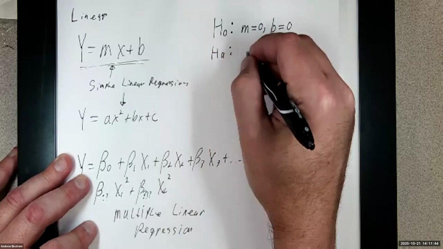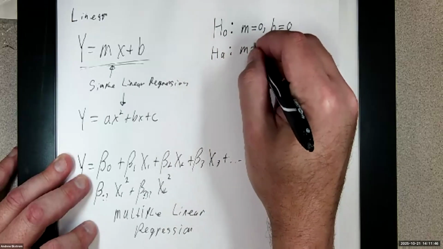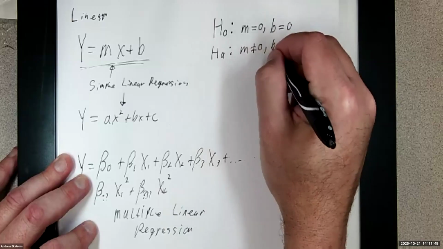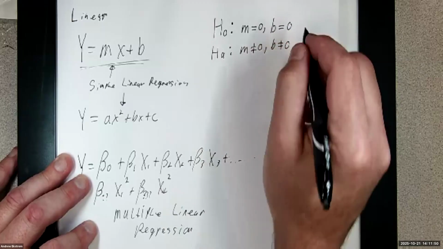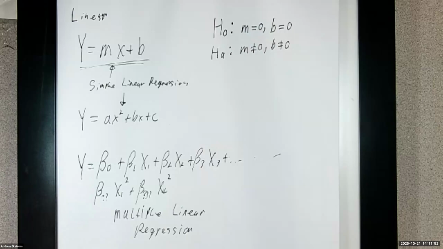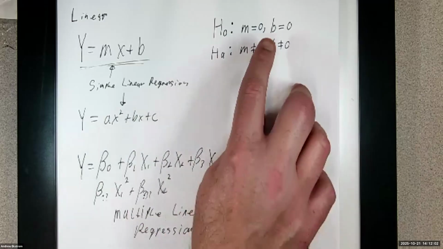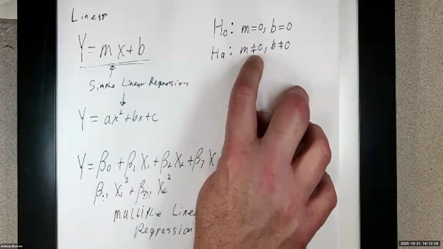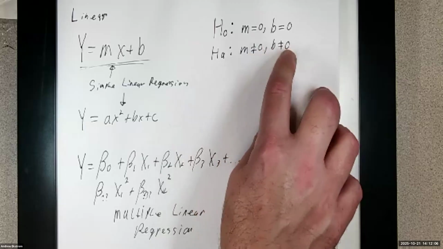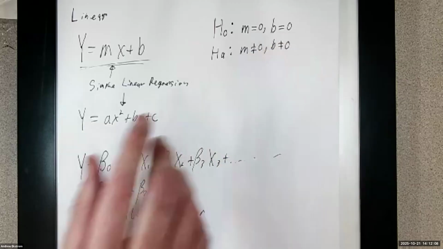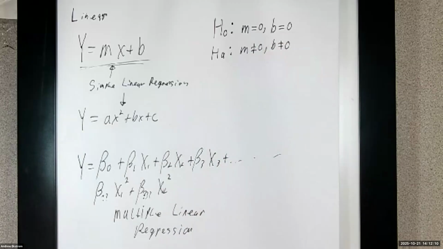Our alternative is almost always that they are not equal to 0. And sometimes with some of the data I've used in the past, you find that m is not equal to 0, but that b is equal to 0. So we need to work with stuff like that.